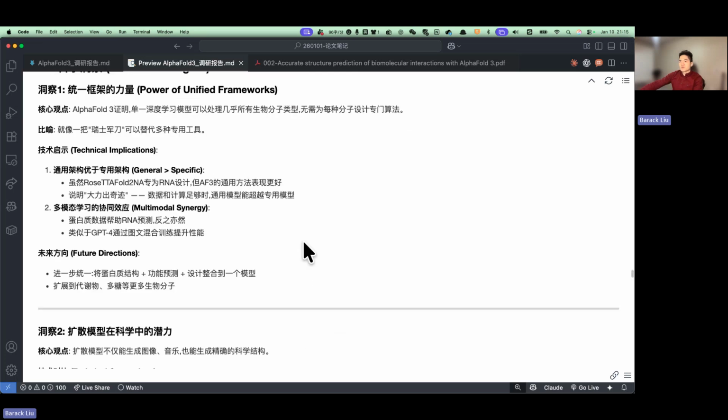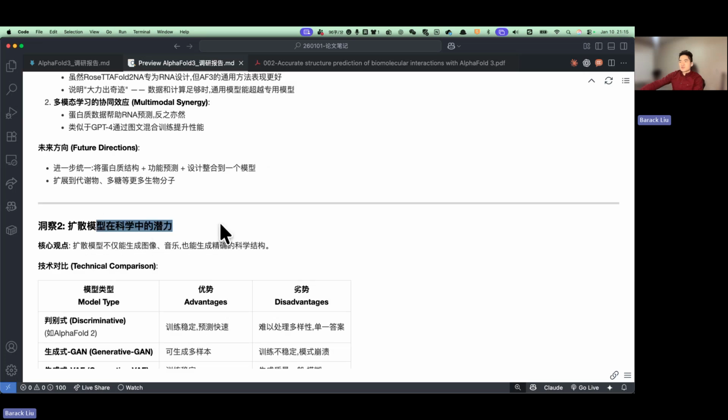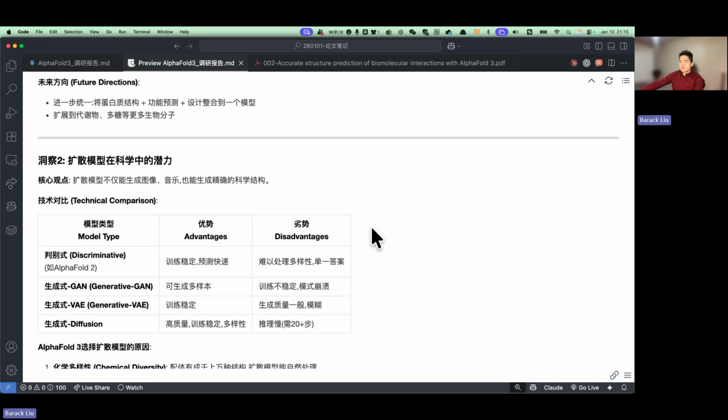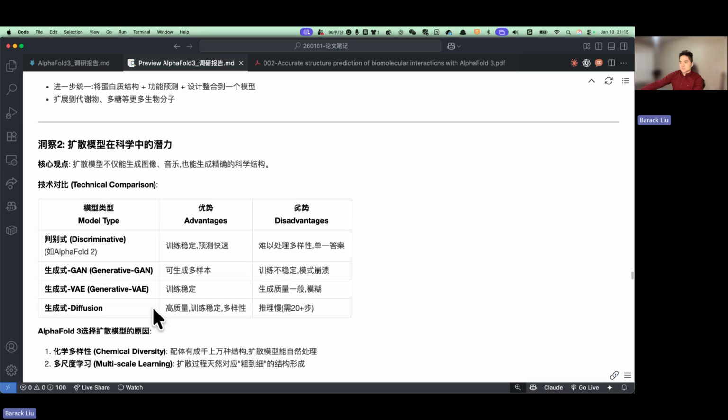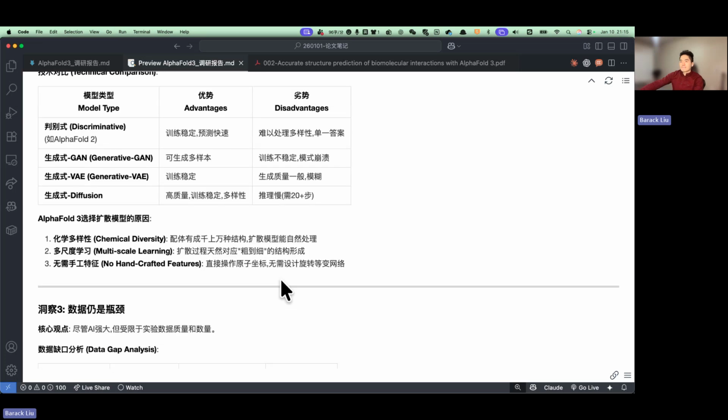Insight 2: you see, it doesn't have any translation again. Diffusion model. Discriminative, generative GAN, generative VAE, diffusion. Chemical diversity, multi-scale learning, no handcrafted features.